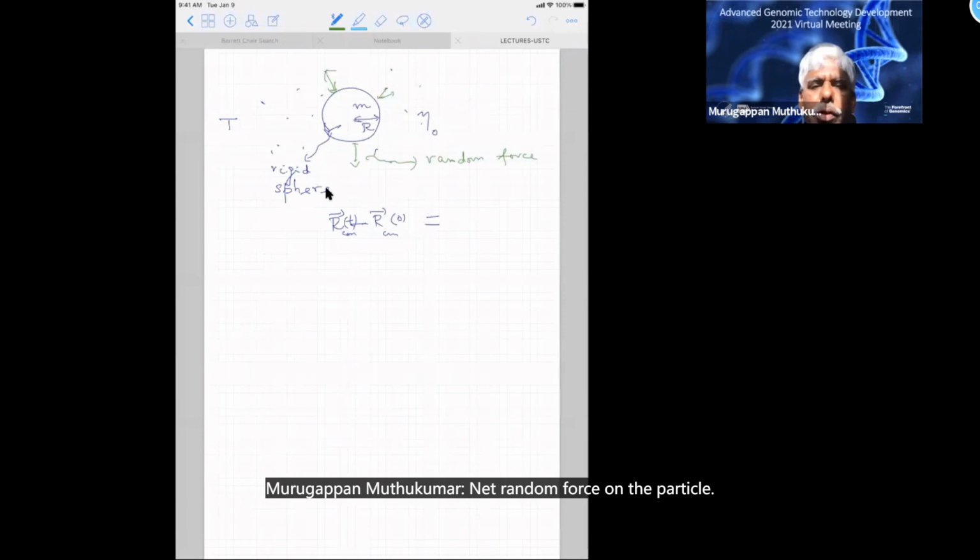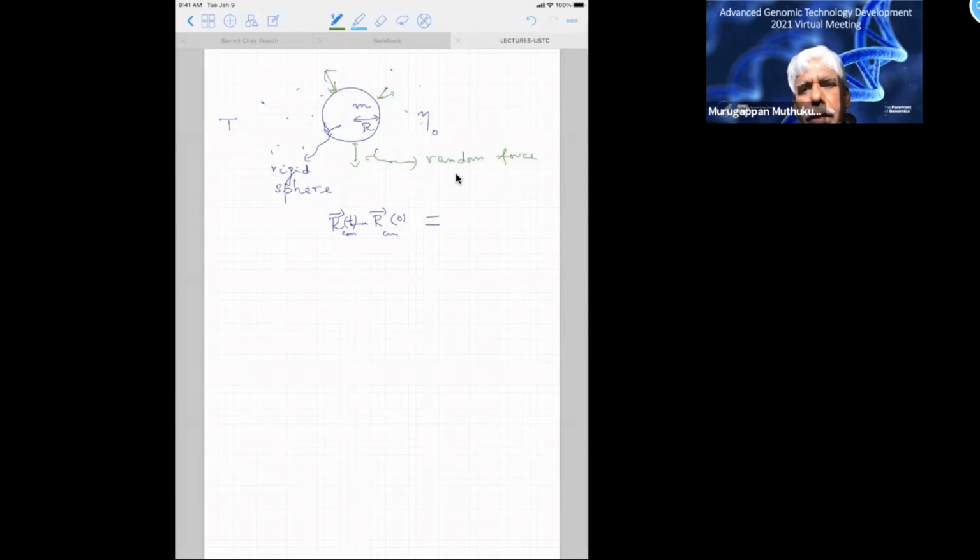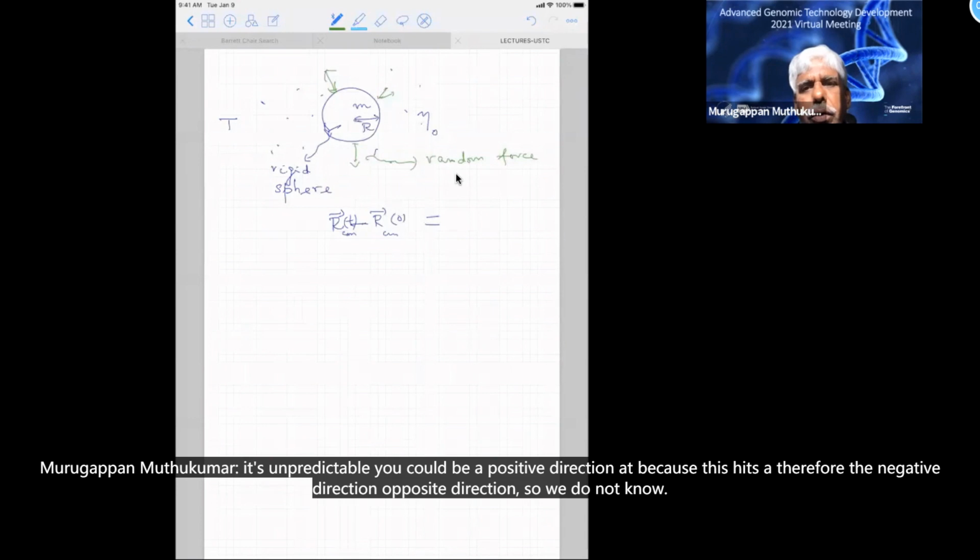A net random force on the particle. If I have a random force acting on a particle, what do I mean by random force? That means at a particular time, I do not know exactly what the force is. It's unpredictable. It could be in a positive direction, or because this hits there, it could be in a negative, opposite direction.